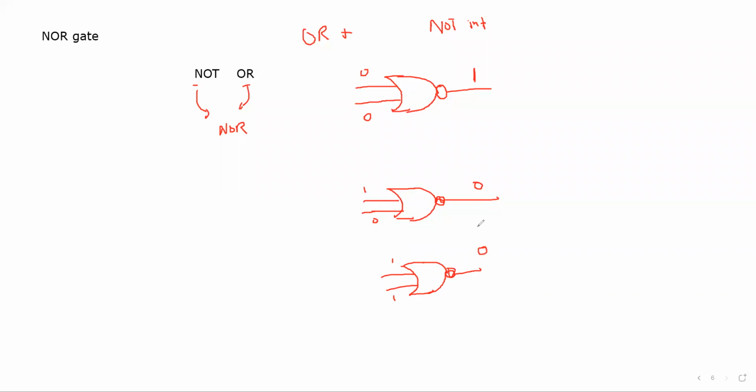The working of NOR gate, which is a combination of NOT and OR. And the last one is NAND gate.